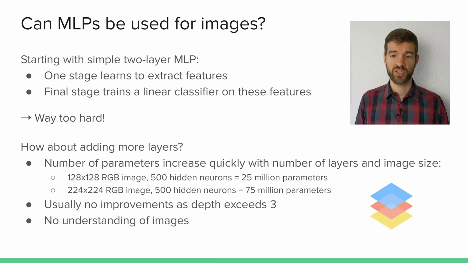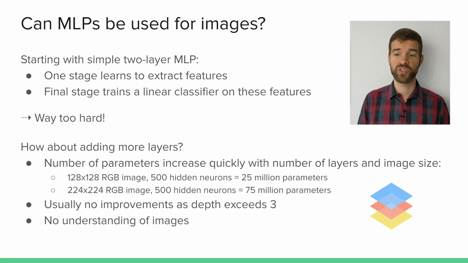explode. So if we have just a small 128 by 128 RGB image, which has 3 layers for red, green, and blue, and just 500 hidden neurons, and they're all connected to each other, we've already got 25 million parameters.